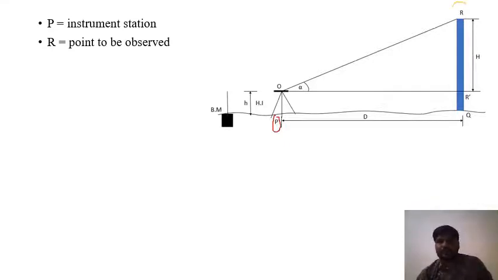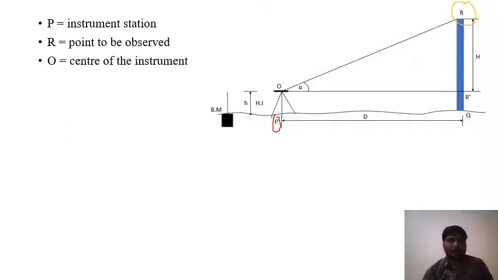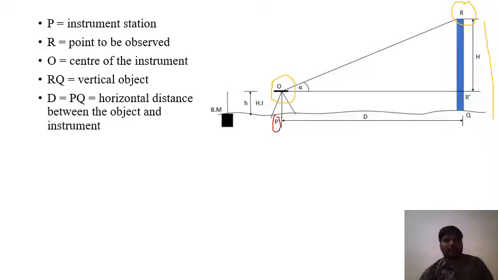R is the observation point where I have to observe, whether it is a building, as I said before. Next, O means the instrument center point. RQ is the vertical object.